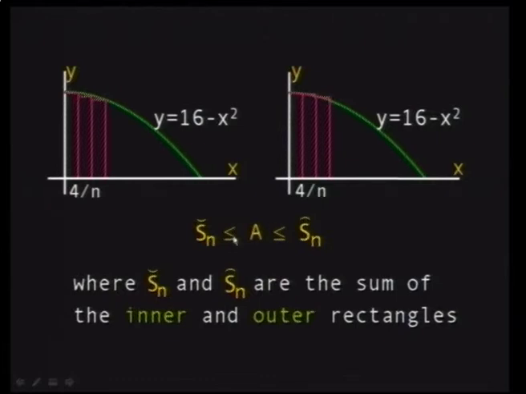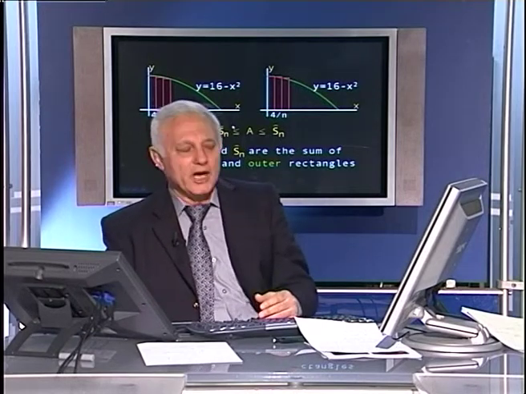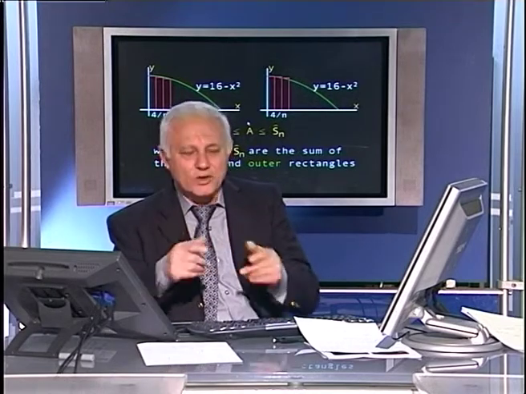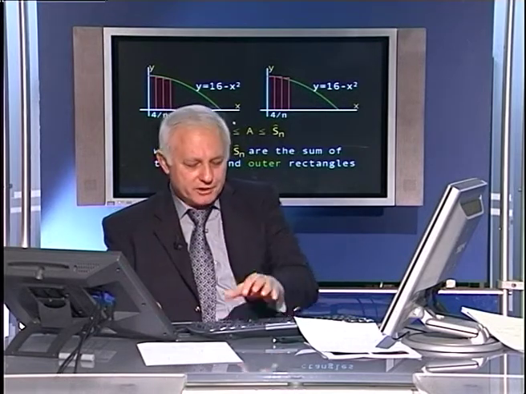So if these two limits, the inner and outer rectangle areas, tend to one value when you increase the number of subdivisions, both coincide, or they approach each other. And from the Squeeze theorem we saw in our lesson on limits, if they both tend to one limit, then what's in between must tend to the same limit.